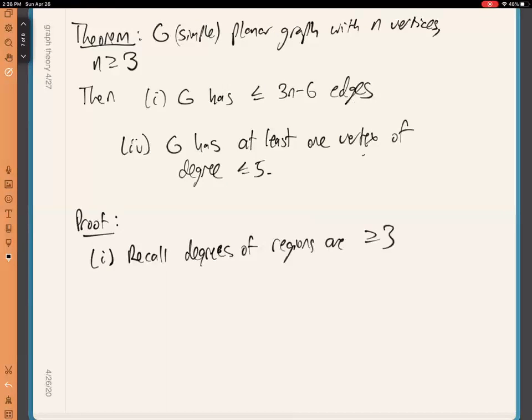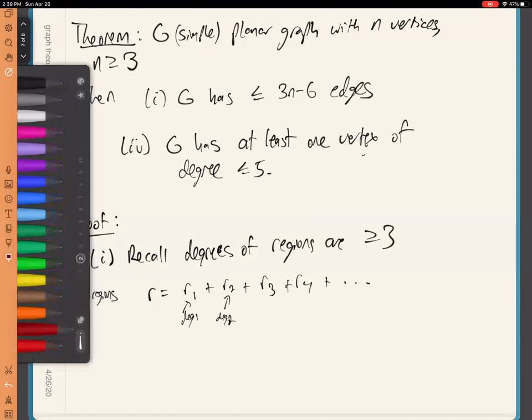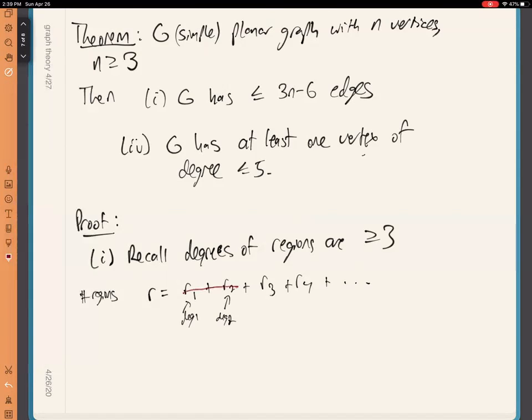Right, and so remember we had this count where R is the number of regions: the number of regions of degree 1, plus the number of degree 2, plus the number of degree 3, and so on. But if the degrees are all bigger than or equal to 3, then the first two terms aren't there, right? So there's no region of degree 1 or 2, so those are 0.